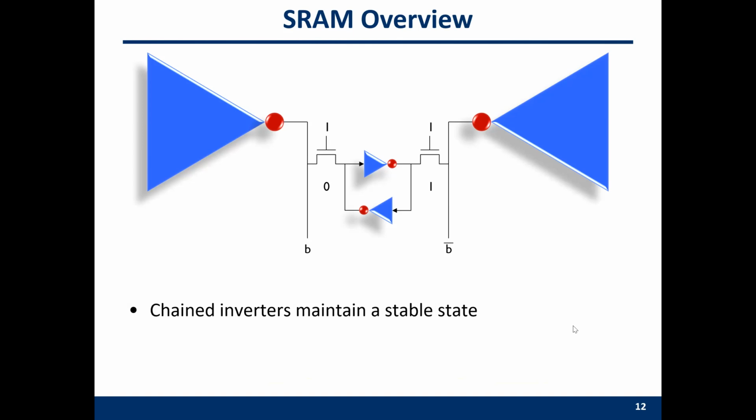You have two inverters, so totally you have 6 transistors, and this is the so-called 6T SRAM cell.